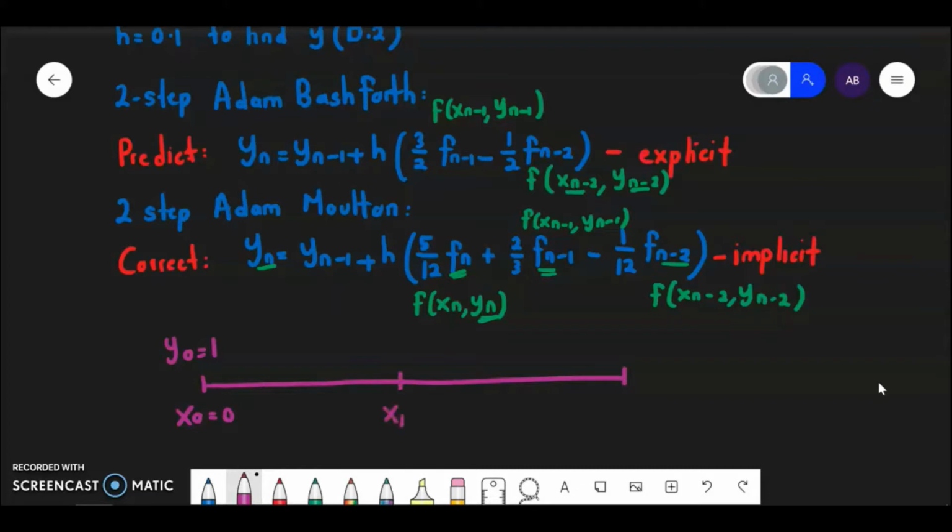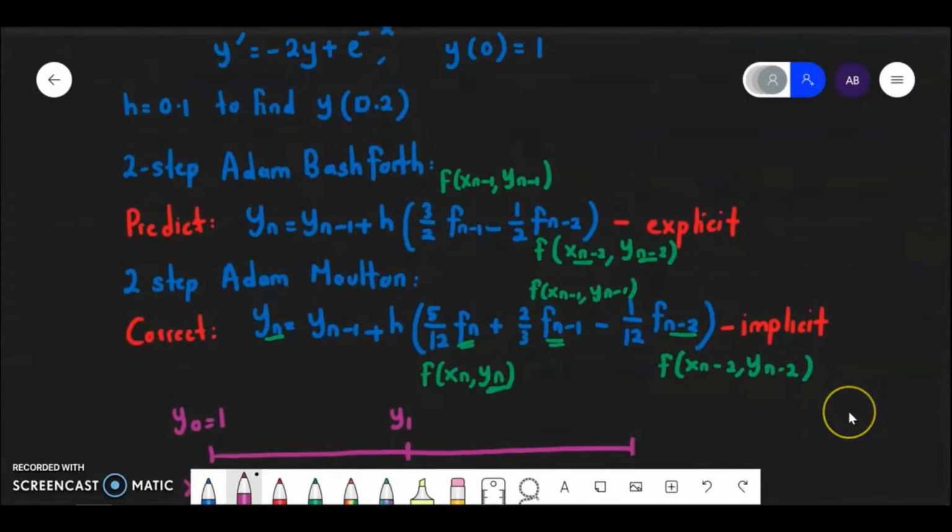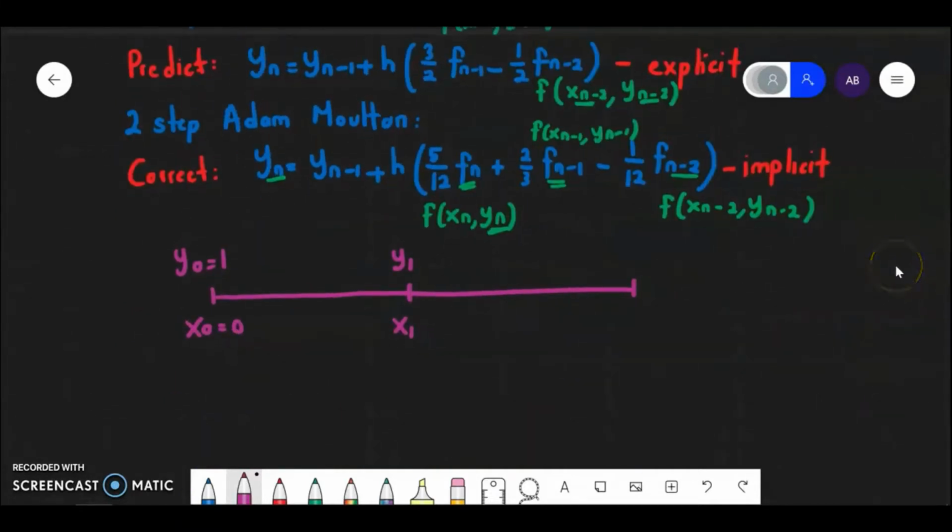I need to find x1, y1, because it says find the solution at x equals 0.2. This is my last x equals 0.2. So that means I have 2 steps: this is 1 step, h equals 0.1, and then another step, 0.1. So my x2 equals 0.2, and I need to find my y2.